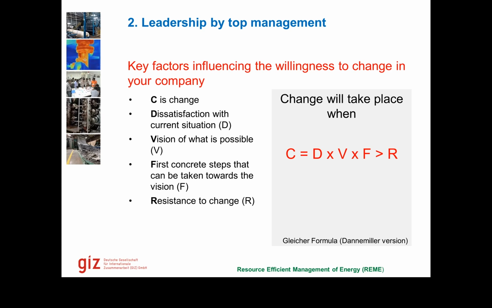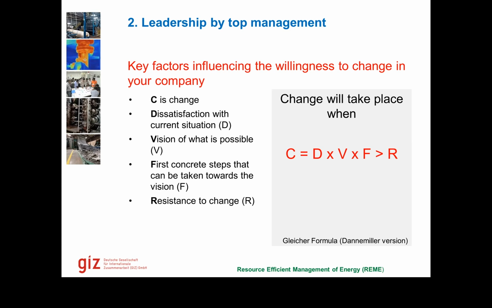If these all together bring up such benefits which are greater than the resistance to change, and the resistance to change is because of financial factors as well as emotional factors. So D and V and F, the product of these, if this is bigger than the resistance to change, only then the change will occur.